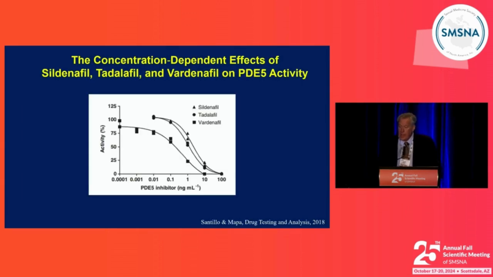If you look at concentration-dependent effects, you can see the square boxes all the way over at 0.0001 nanograms, which is actually 0.1 femtograms, you start to have an effect in relaxation with vardenafil, but you see that tadalafil and sildenafil don't have as much of an effect and it comes on later.